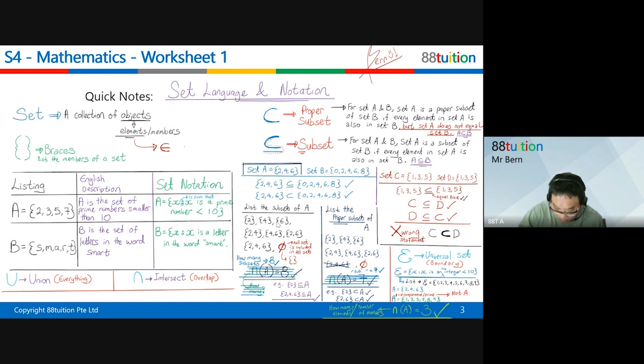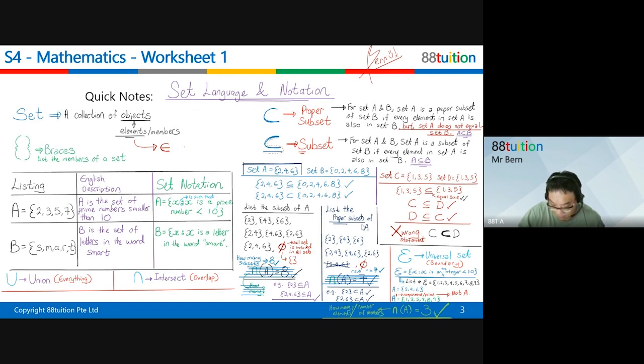For example, this example, 2, 4, and 6. You can break it down, for example 2 is a subset of 2, 4, and 6. You can write out the different permutations. Then the exact thing, 2, 4, and 6, is considered a subset of A. Subset means the one with the extra equal sign below. So this example will give you 8 different subsets.